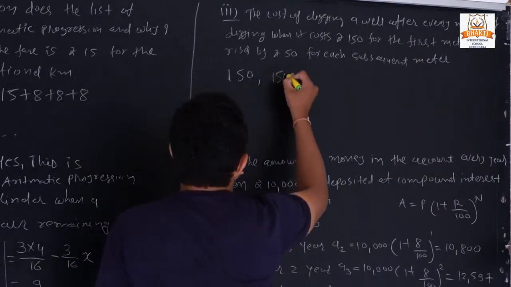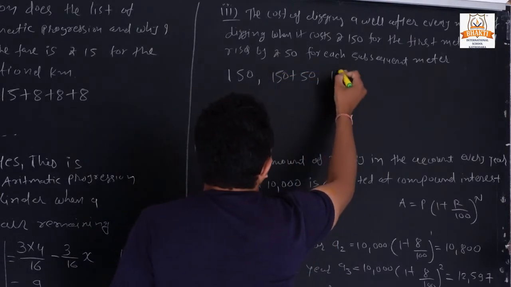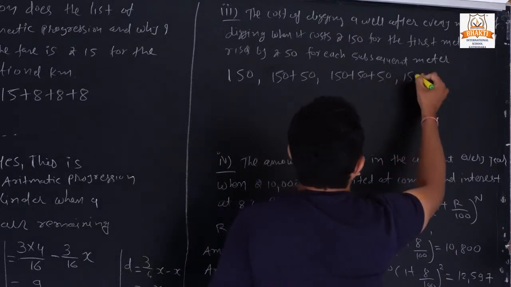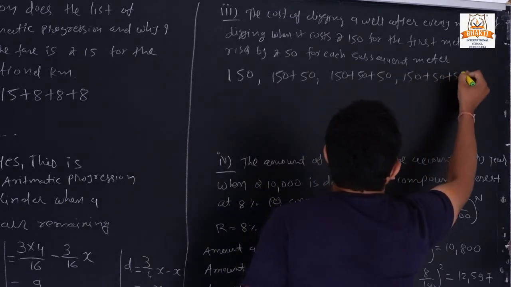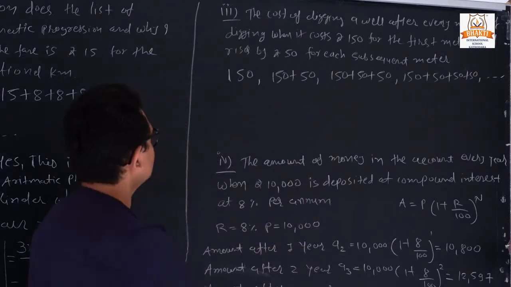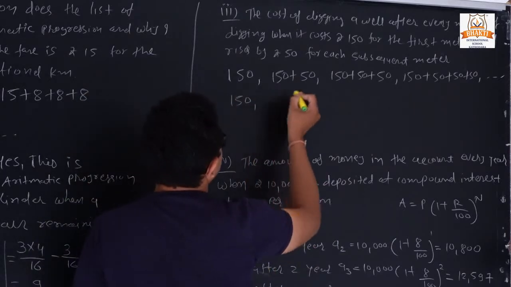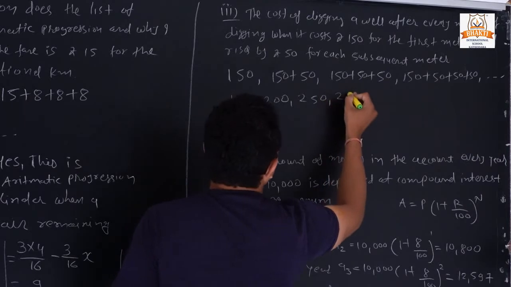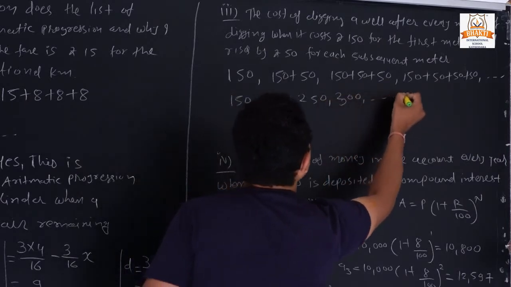For 2 meters 150 plus 50, for 3 meters plus 50 again, for 4 meters digging a well, so the cost is like that. So it is continuous. So what is our series? 150, then 200, then 250, then 300, like that.